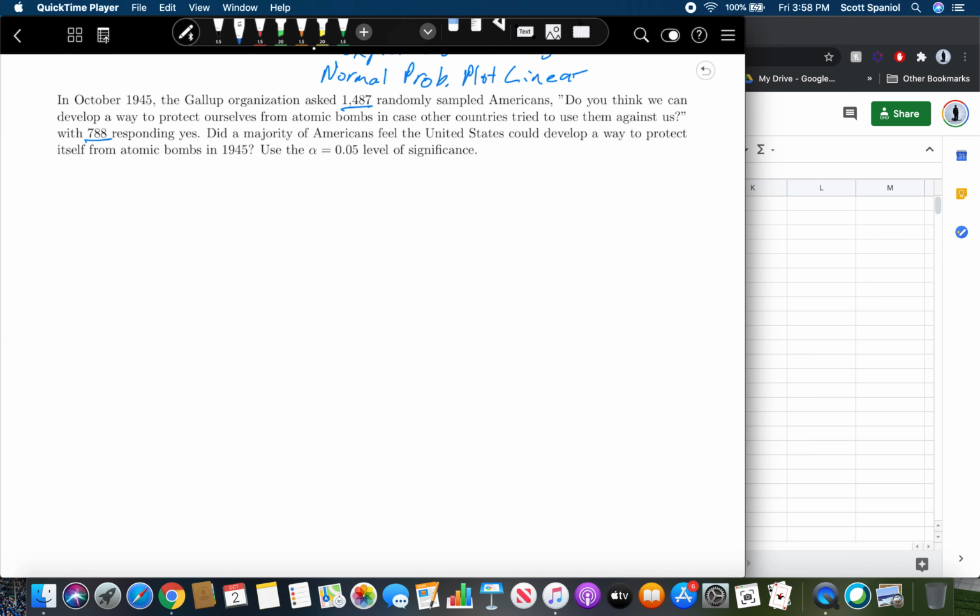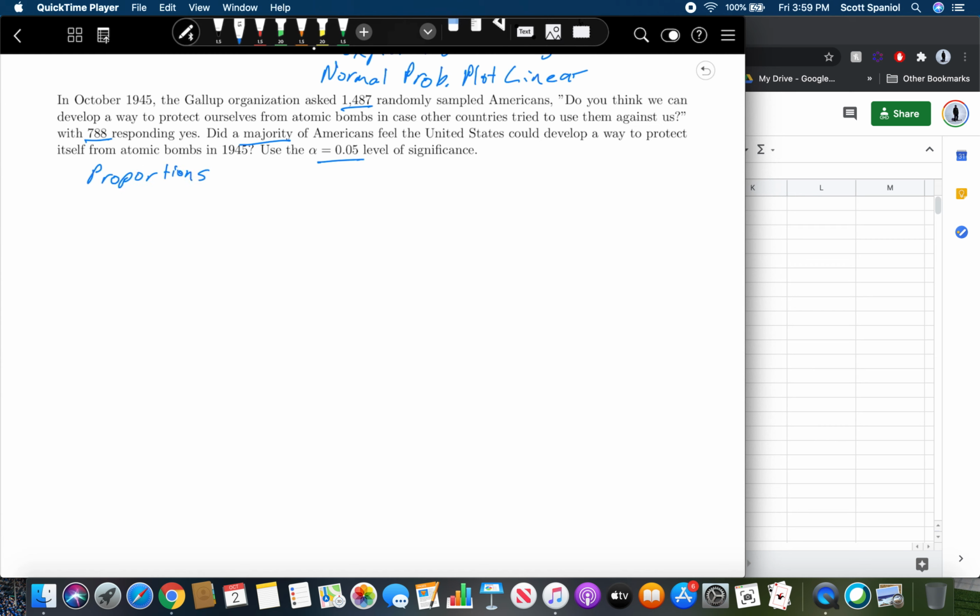Did a majority of Americans feel the United States could develop a way to protect itself from atomic bombs in 1945? Use the alpha equals 0.05 level of significance. The first thing to notice is they gave us a sample size and then told us how many people in that sample had a certain characteristic. That tells us we're talking about proportions.